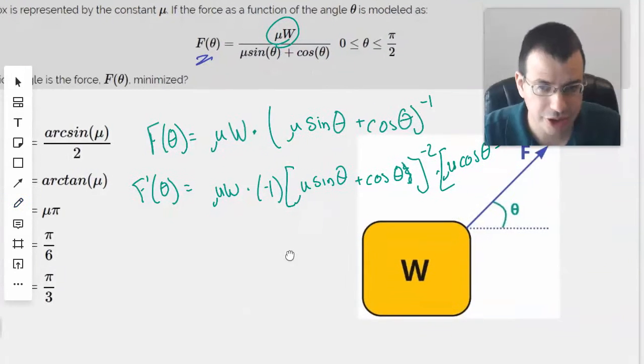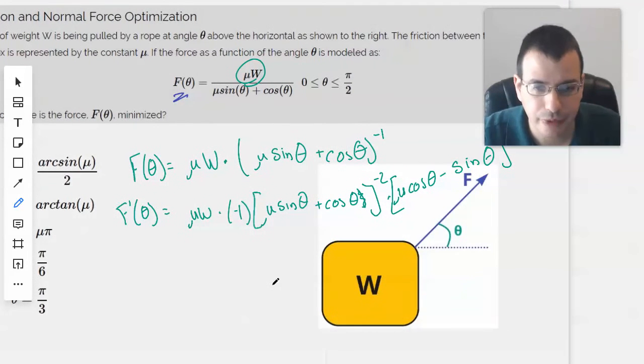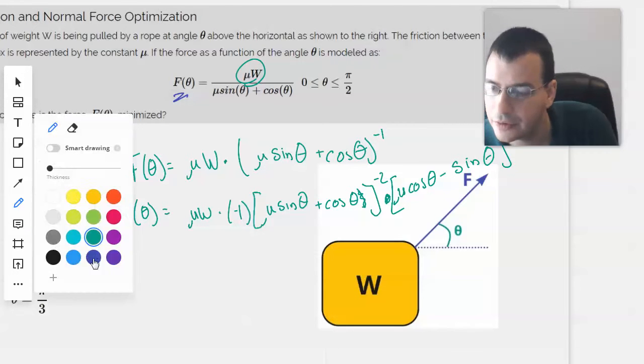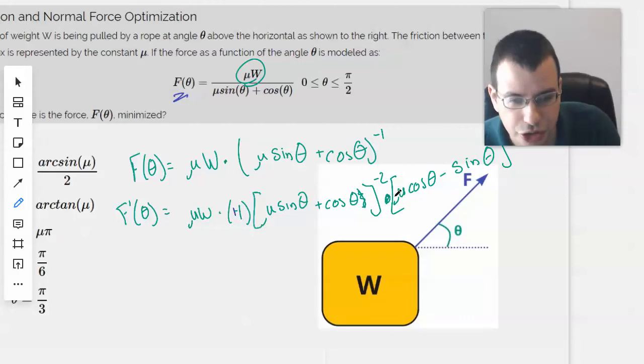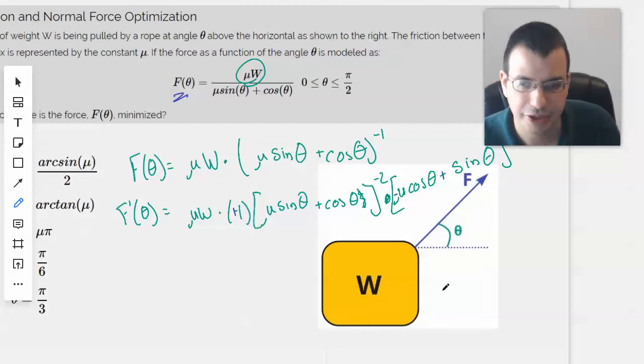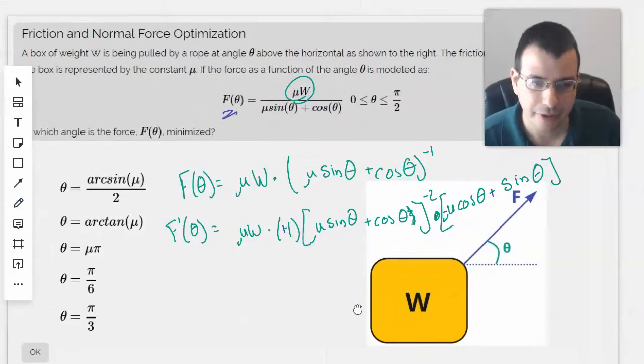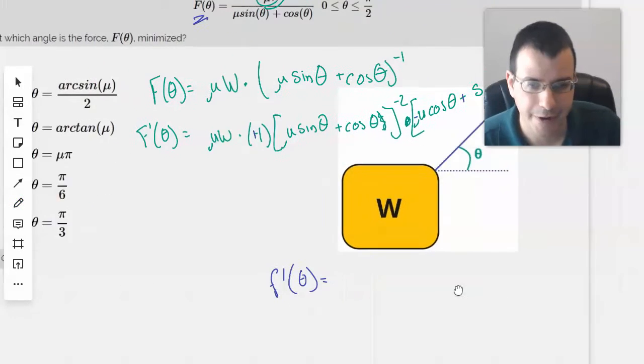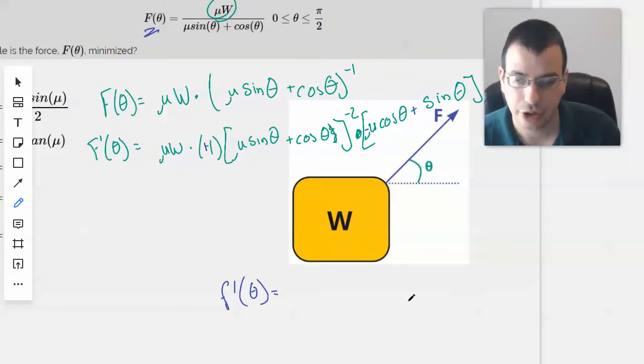So we're going to rewrite this. I'm going to do one thing here. So we have this negative 1 here, and I'm going to distribute it, so it's negative plus. Okay? So maybe down here, I know it's a big F, I'm going to write it as a small f, just because that's my comfort zone. Okay.